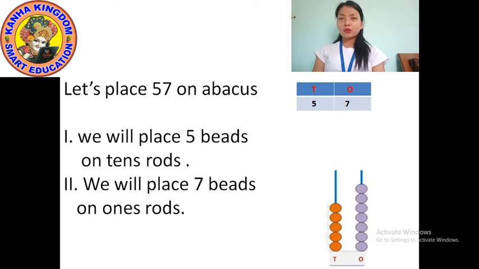So after knowing that the digit 7 is in the ones place and the digit 5 is in the tens place, we have to place 5 beads on the tens rod, because in the number 57 the digit 5 is in the tens place.